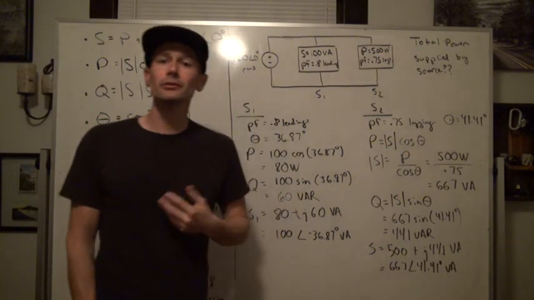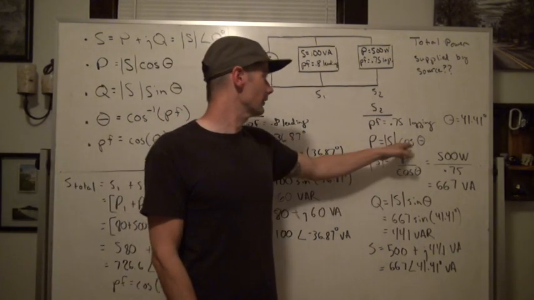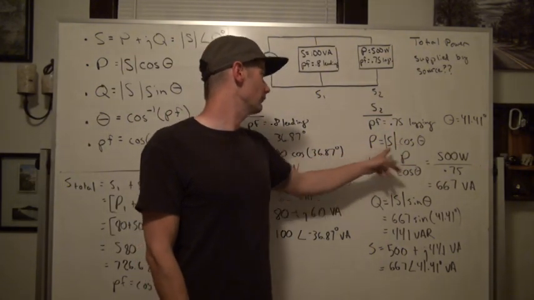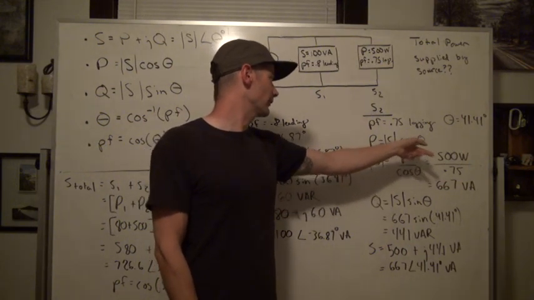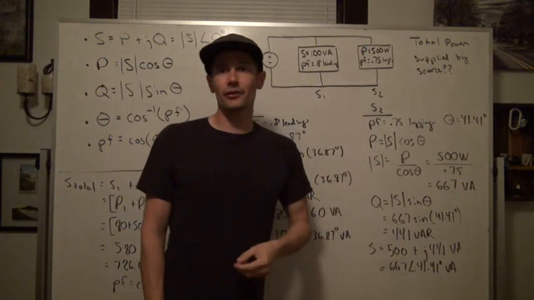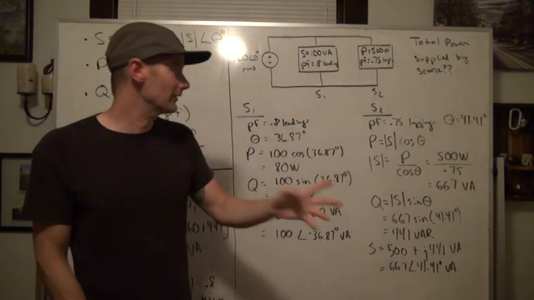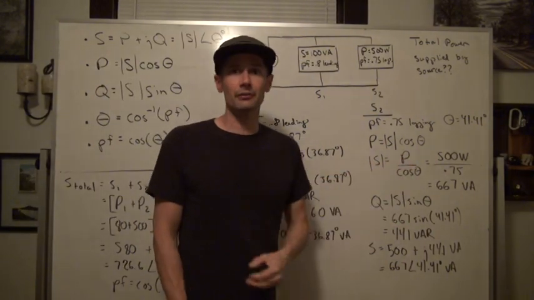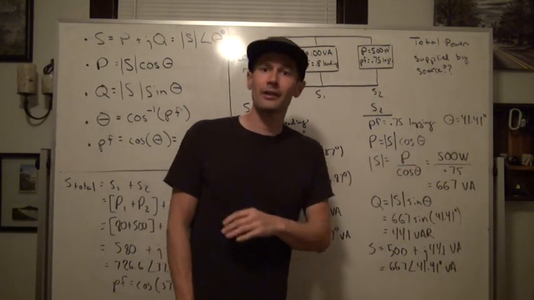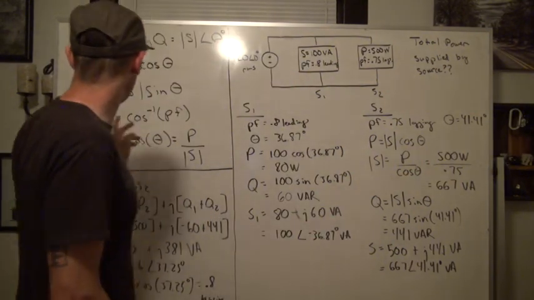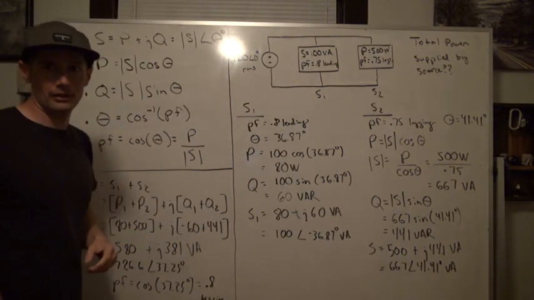All we have to do is a little bit of algebra and divide through by cosine theta, and that will give us our apparent power when we divide cosine theta into that real power. We know, guys, that the power factor already tells us P over the apparent power.